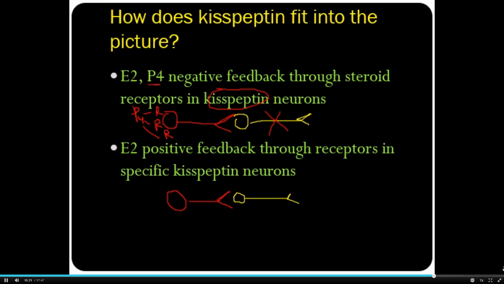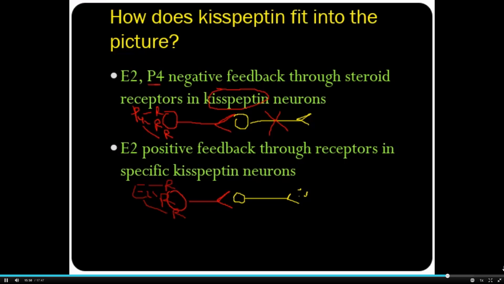Now, if we look down here, we have a similar scenario, but we're going to have receptors that are positive feedback receptors. In this case, we might have E2 here that's binding to these receptors, and it's going to travel down and affect our GnRH neuron, where now that GnRH neuron is going to release GnRH into the blood portal system.